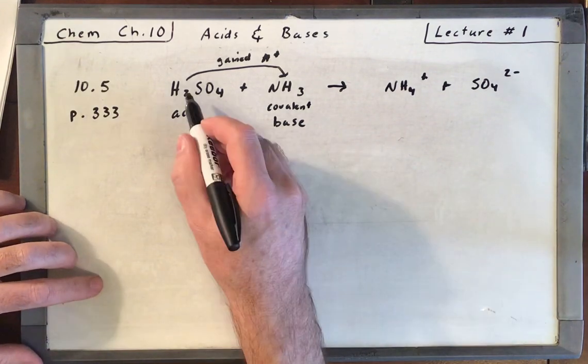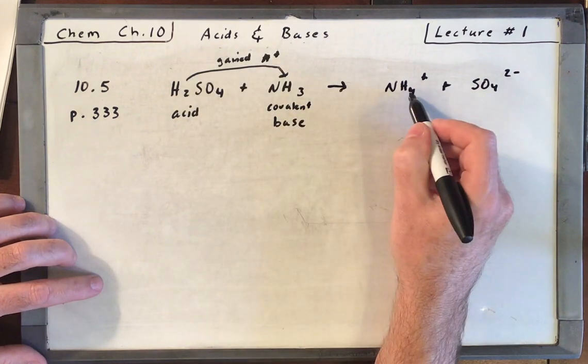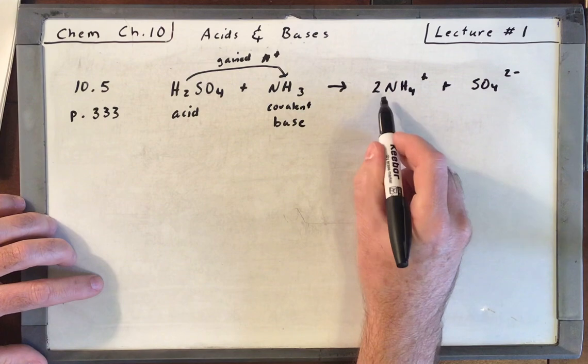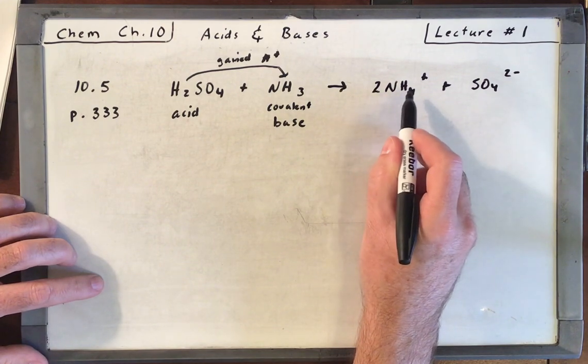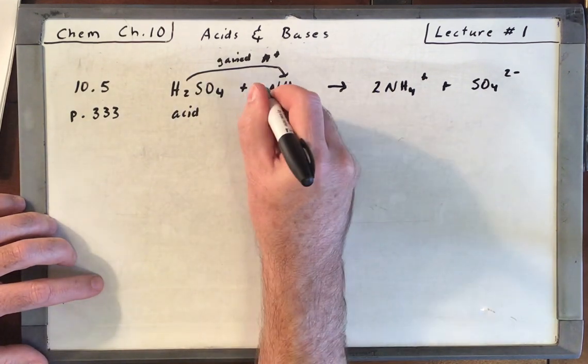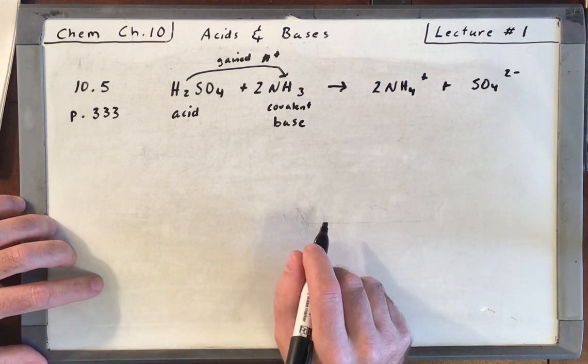Now we got to use our balancing trick. We have 2 hydrogens to give away, but I could only give away 1. So we're going to use that 2 and make it a coefficient. That way we have enough ammoniums to take both hydrogens. Now we have 2 nitrogens there, so I need a 2 right here, and we are balanced.